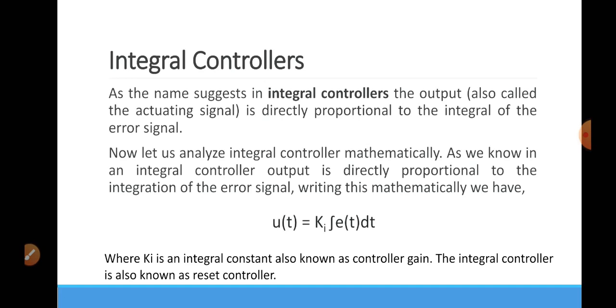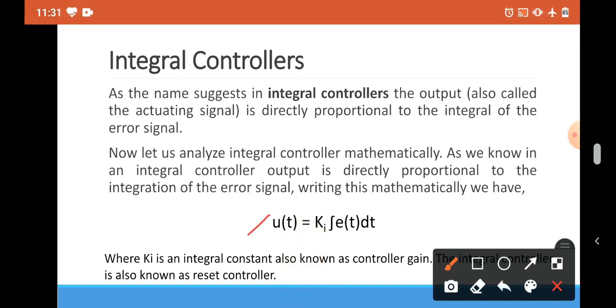This is the equation of your integral controller. Here u of t is nothing but your output. Here e of t is nothing but your error signal, and it is in terms of integral now.